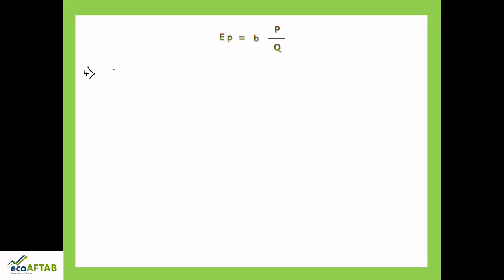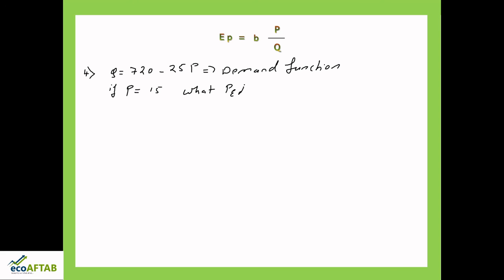If I say the demand function is Q is equal to 720 minus 25 P, we need to find out the price elasticity. If price is equal to 15 rupees, what is the price elasticity of demand?